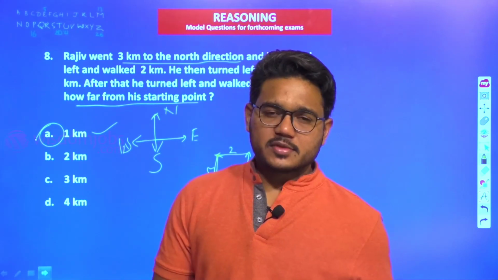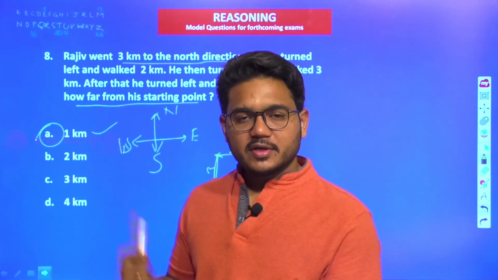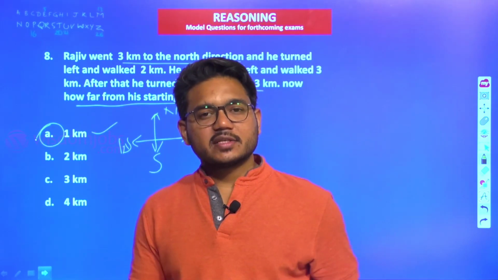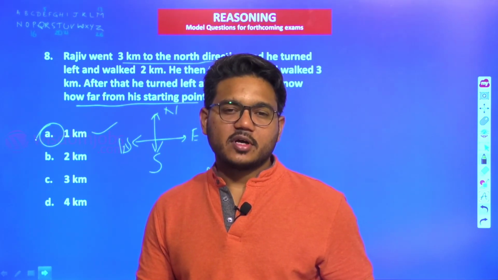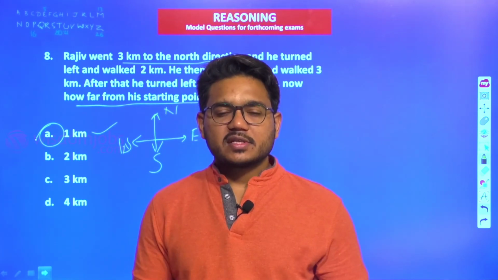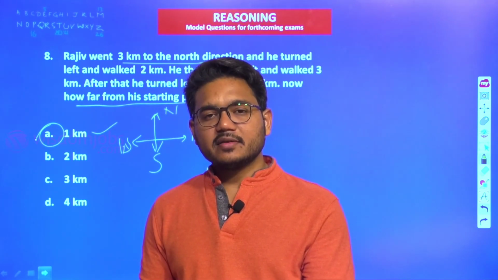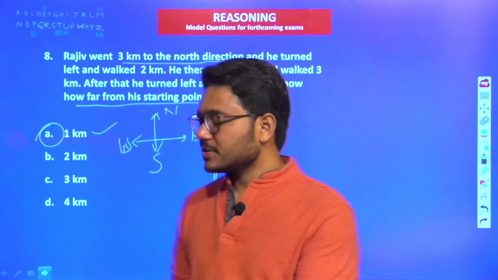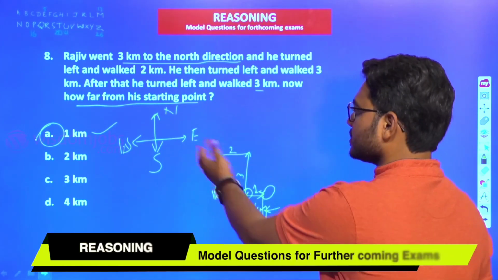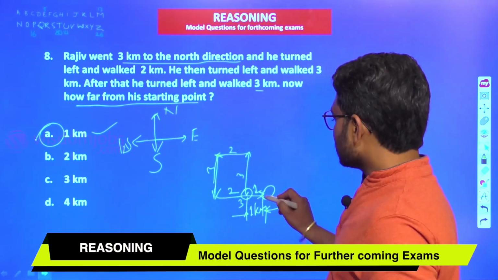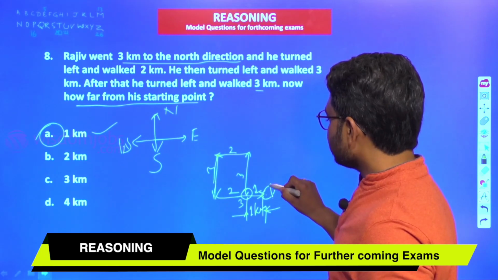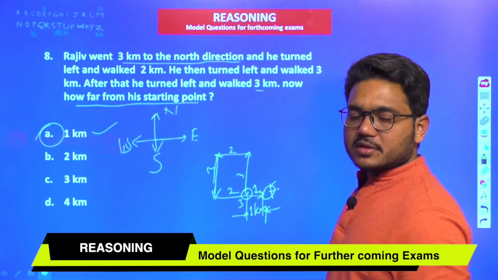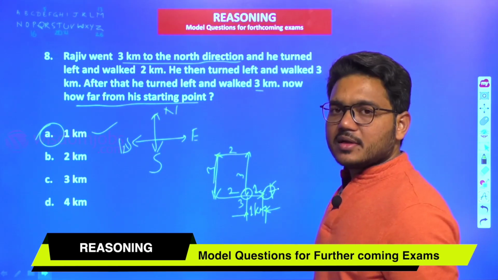Suppose in such problems, anyway distance is asked here, but if it is asked in which direction Rajiv is facing now, he started towards north, and now he is facing east direction. So the final point is towards east. If the direction is asked, you need to answer in such a way.